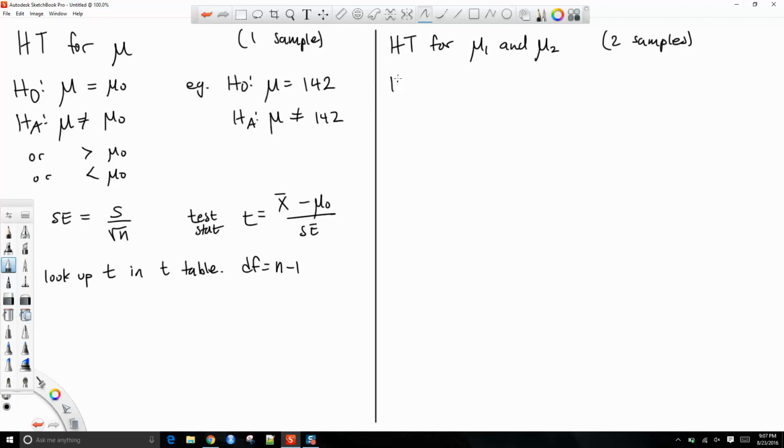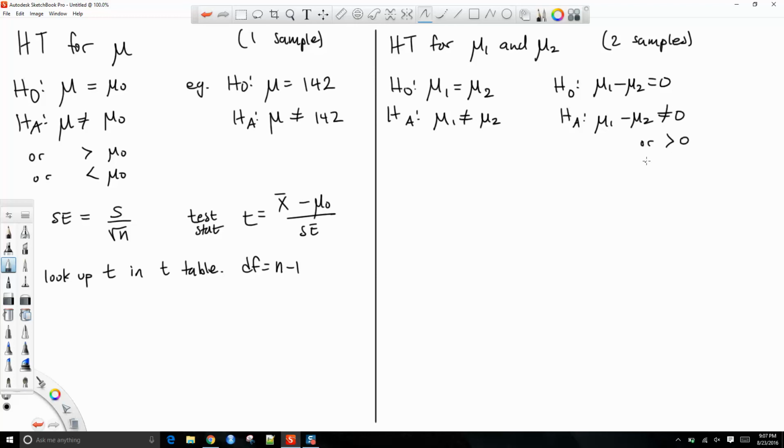Over here, your null hypothesis is that mu1 and mu2 are equal. Alternatively, it could be written as mu1 minus mu2, that the difference between them is 0. That's totally fine. And then the alternative will be mu1 is not equal to mu2, or it could be written as mu1 minus mu2 is not equal to 0, or is greater than 0, or is less than 0.